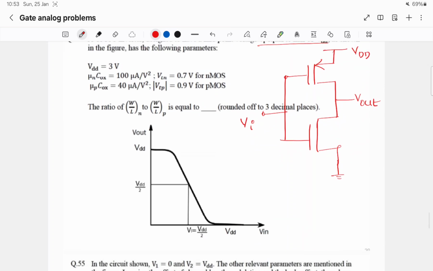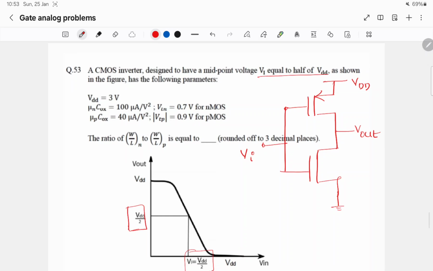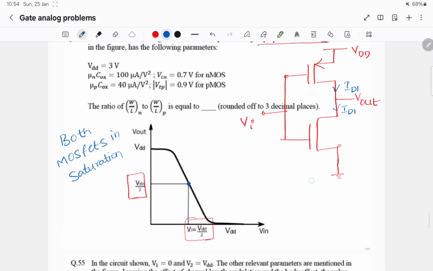From the graph we can see that when Vi is equal to VDD by 2, Vout is also VDD by 2. So since the current in PMOS and NMOS is equal, we can take both MOSFETs in saturation, because at this point both will satisfy the condition of saturation.